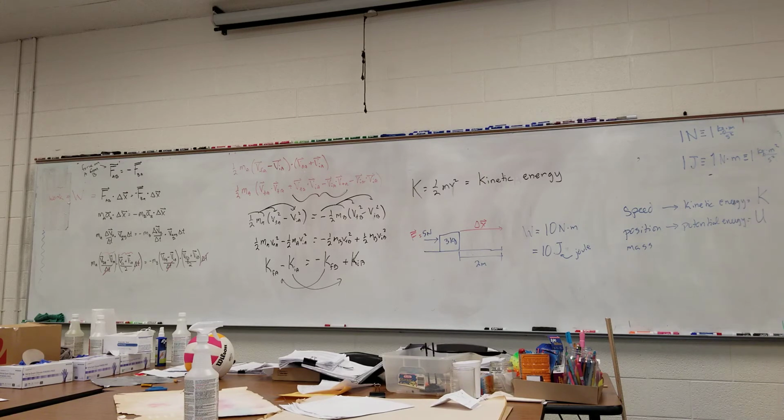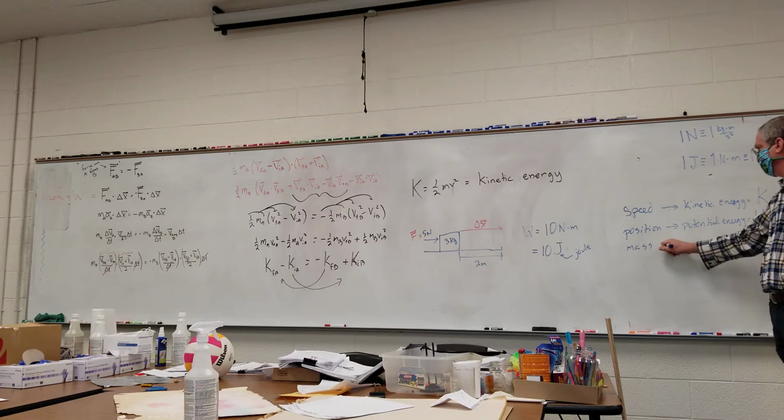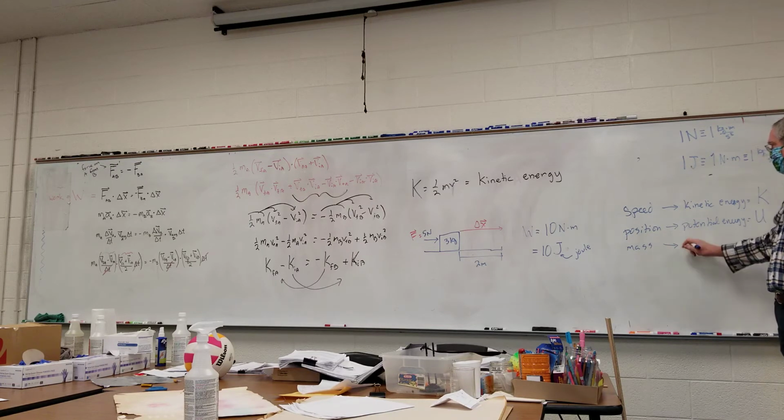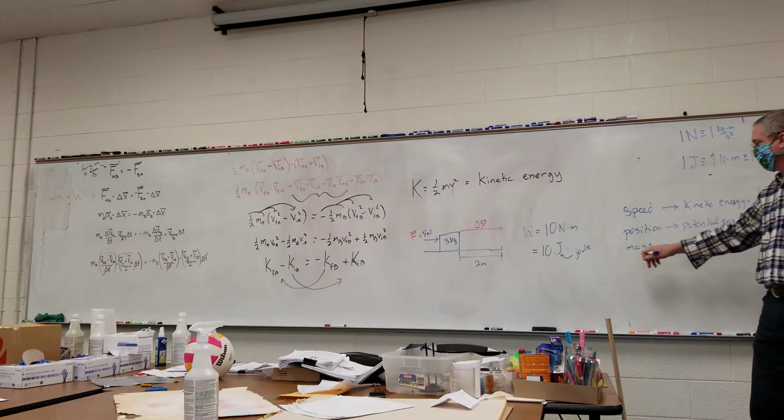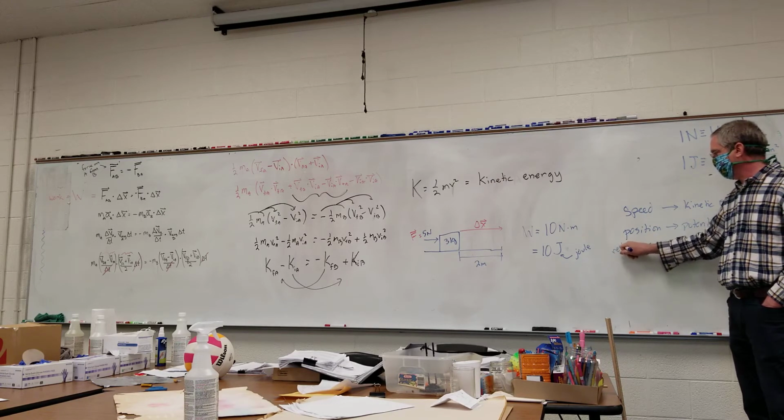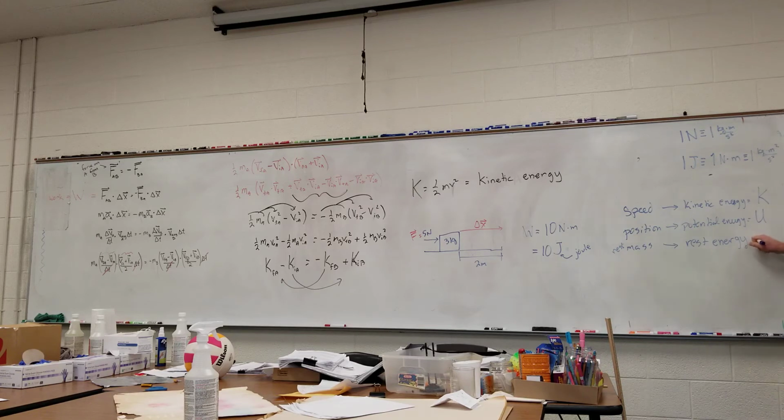I think Hewitt either writes out potential energy or does capital P, capital E. And mass is related to what is known as rest energy. Technically, rest mass. I should write rest mass in there, and just E sub R for rest energy.